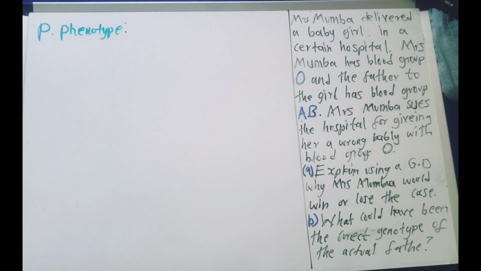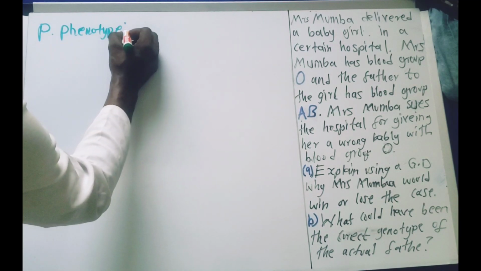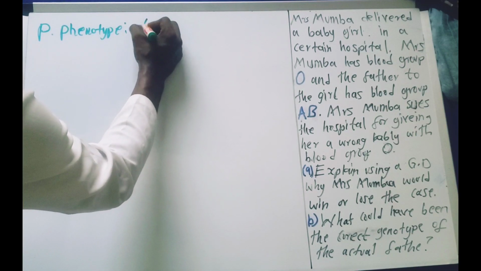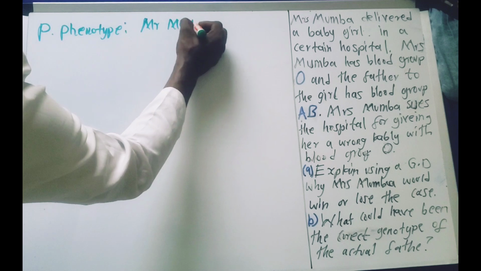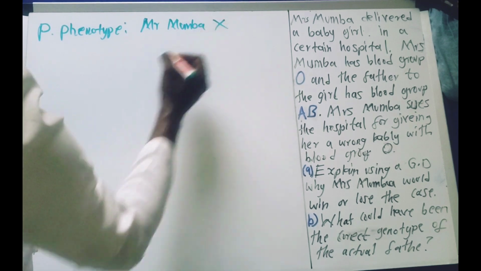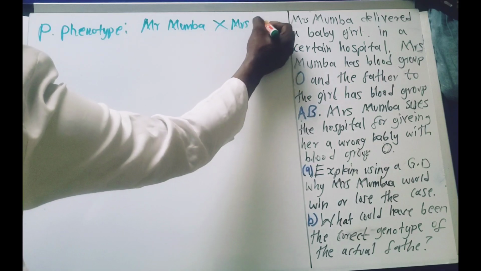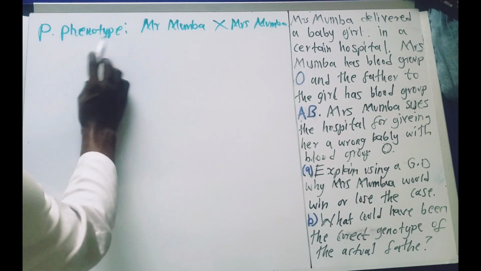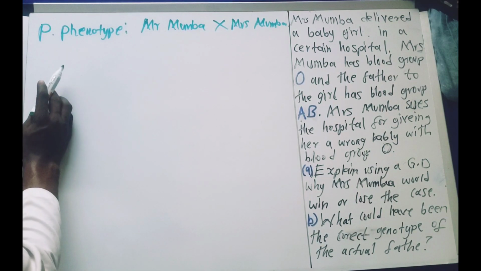The phenotype is how something looks outside, the genetic expression. So for the parental phenotype, we have Mr. Mumba crossing with Mrs. Mumba. This is the first step.